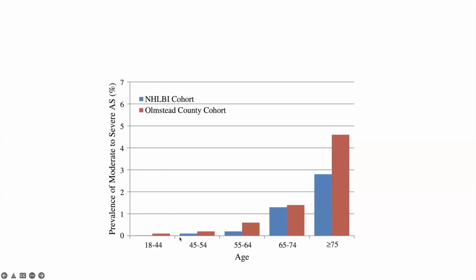What they found is the older you get, the increasing incidence of moderate to severe aortic stenosis, to the extent that when you're almost over 75, almost 5% of the population have moderate to severe aortic stenosis. So there's a huge burgeoning population of disease, and there's an unmet need to treat this population.